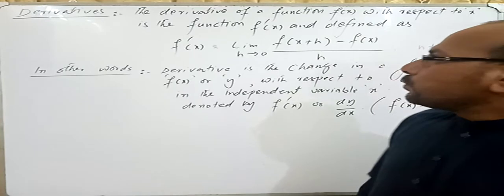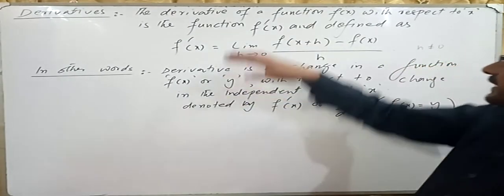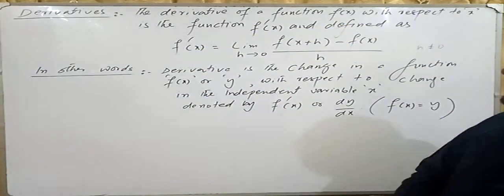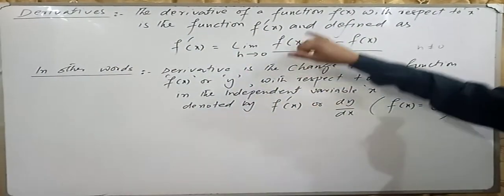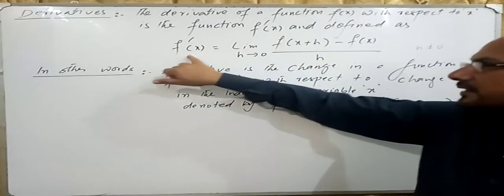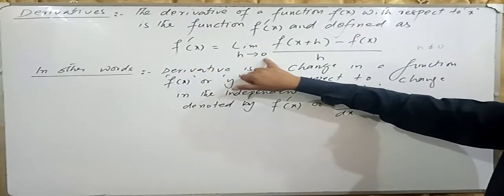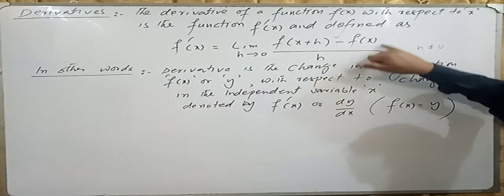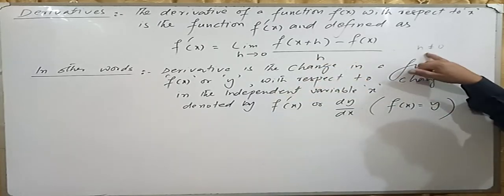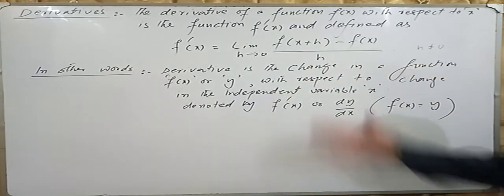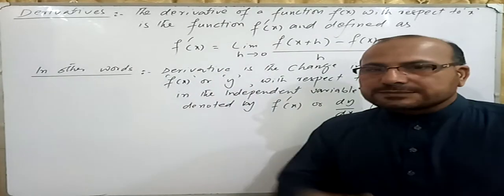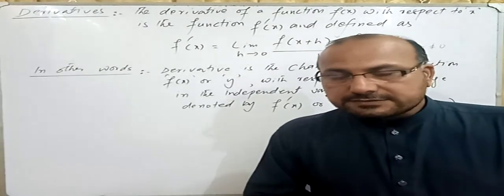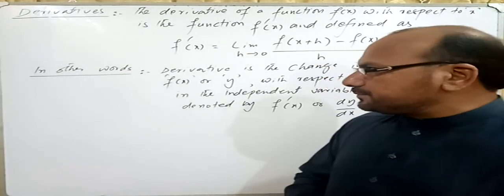What is a derivative? The derivative of a function f of x with respect to x is the function f dash of x, defined as f dash of x equal to limit h tends to 0, f of x plus h minus f of x divided by h, where h is not equal to 0. This formula is basically called the definition method of calculating derivatives, or differentiating the function.